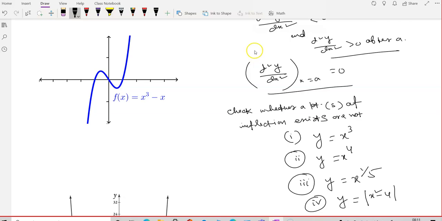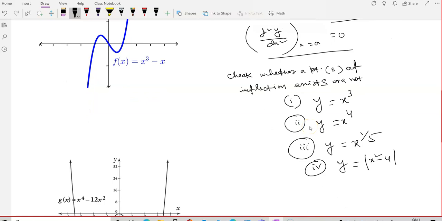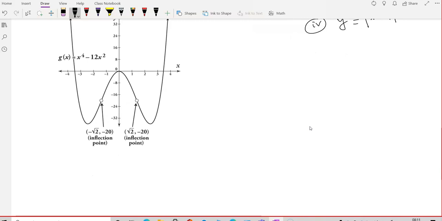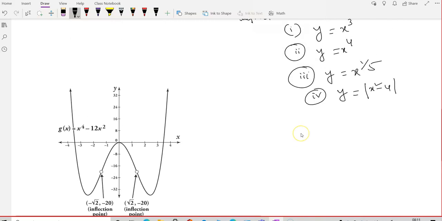Let us check whether they have a point of inflection or not. If we start with y equal to x cube, you all can draw the graph.